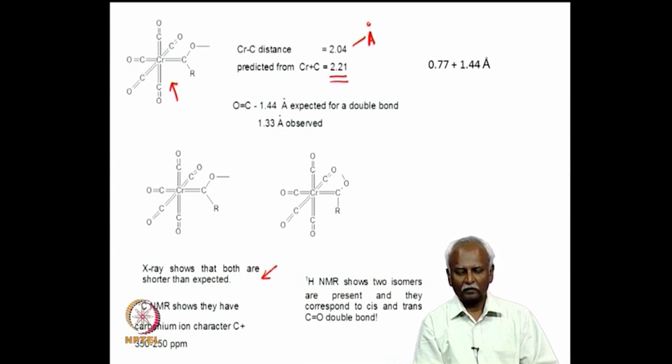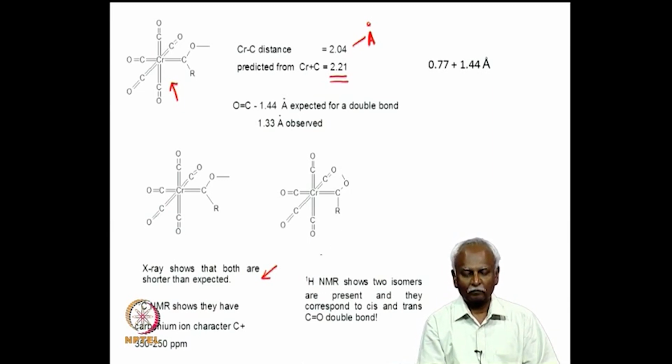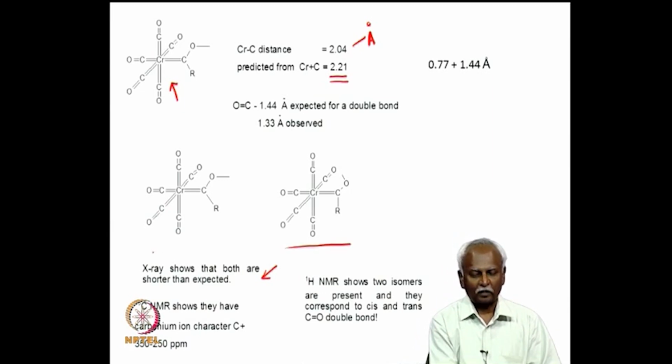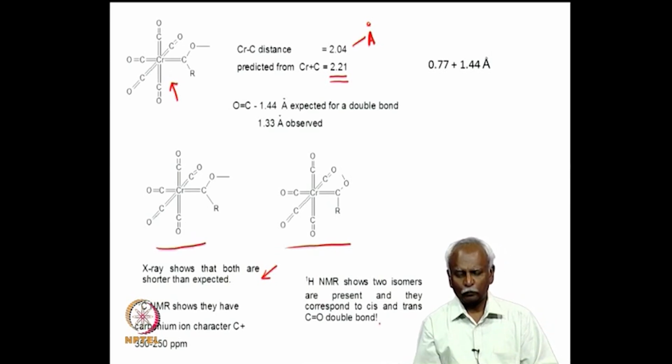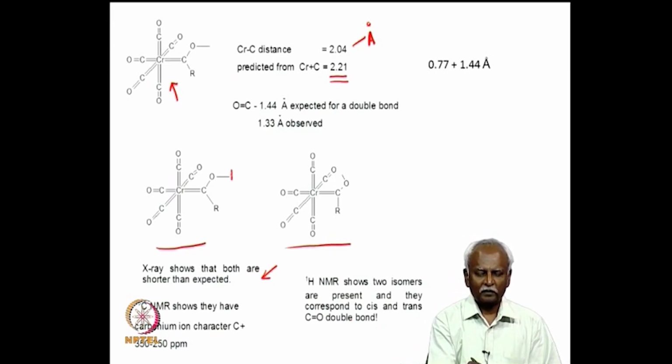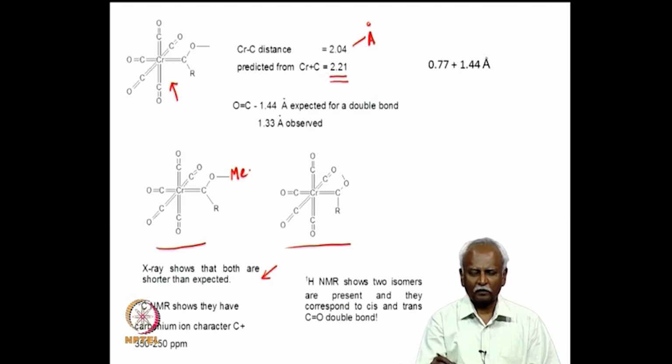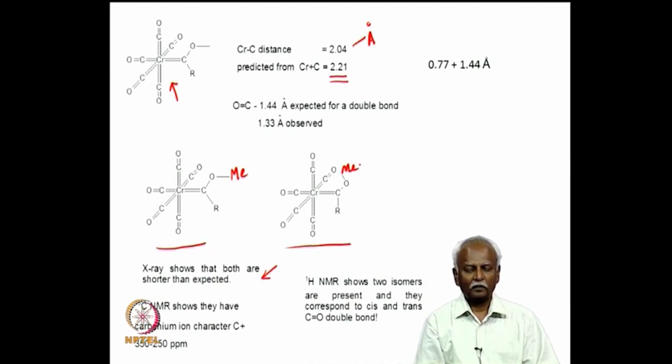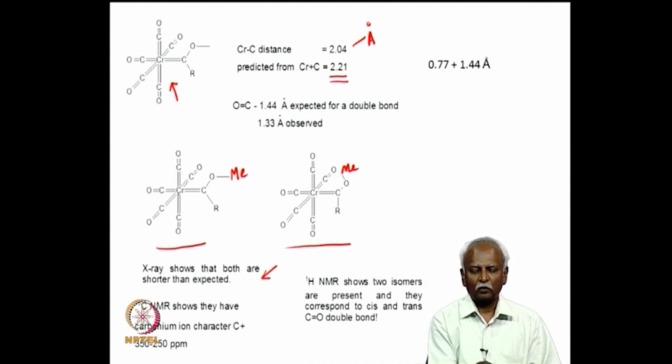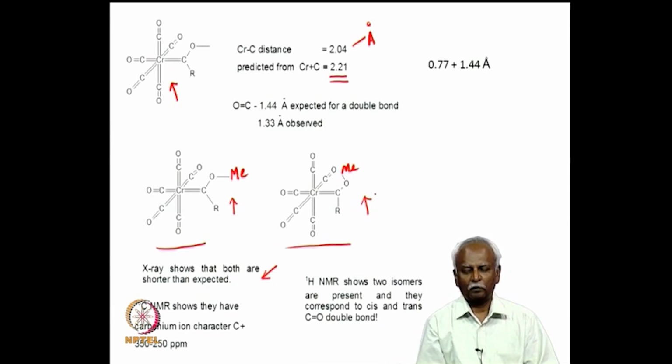Secondly, we note that proton NMR of molecules which are pictured here, that is a Fischer carbene pictured here, shows that there are two distinct isomers for these molecules. And these two isomers come up because the methyl group which is attached to the oxygen has two different environments depending on whether it is closer to the metal system or away from the metal system. In this isomer, it is shown away from the metal system. Here it is shown closer to the metal system.